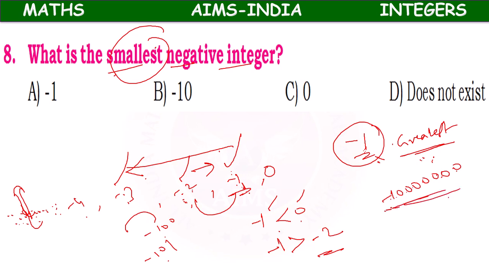Minus 1 crore is smaller. If we add 1 to it, minus 1 crore 1 will be smaller still. So like that, if you take any negative integer, there is always one before it that is smaller. So the smallest integer does not exist.